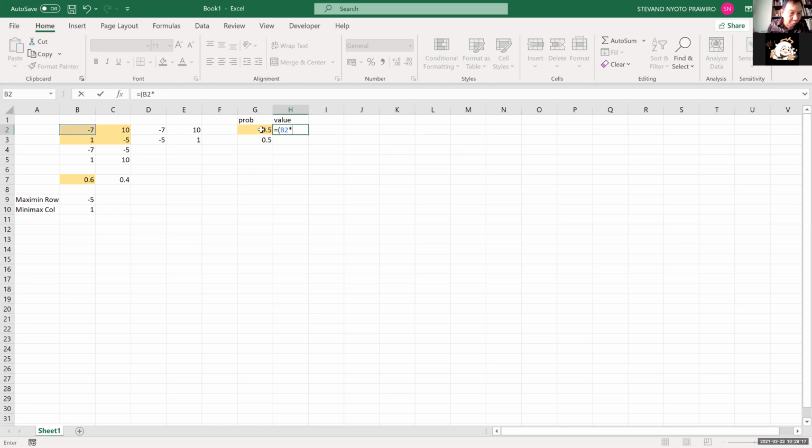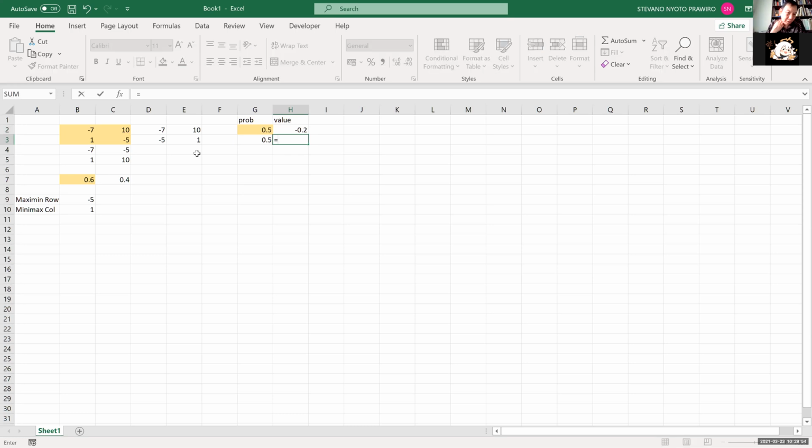P2 multiplied by 0.6 down in B7. Yes, plus N, which is C2. That one is plus, multiplied by the 0.4, which is C7. Okay. Now you can continue.